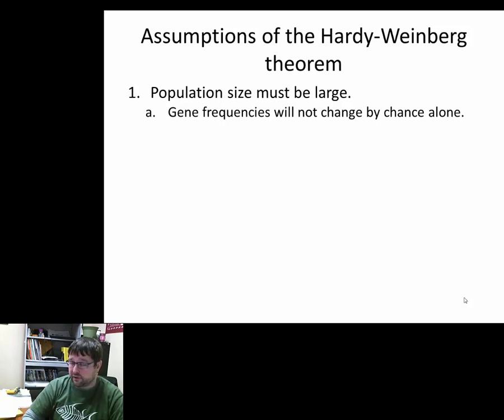But if you flipped it 100 times, now your population's 100, you're going to be pretty close to 50 heads, 50 tails. And then you say, my population's 1,000, so I'm going to flip it 1,000 times. Now you're going to be very close to 500 and 500. Much closer than what you were with 10 flips. So the frequency change by chance alone is probably going to be greater in small populations. Now, the probability doesn't change, but chance does.